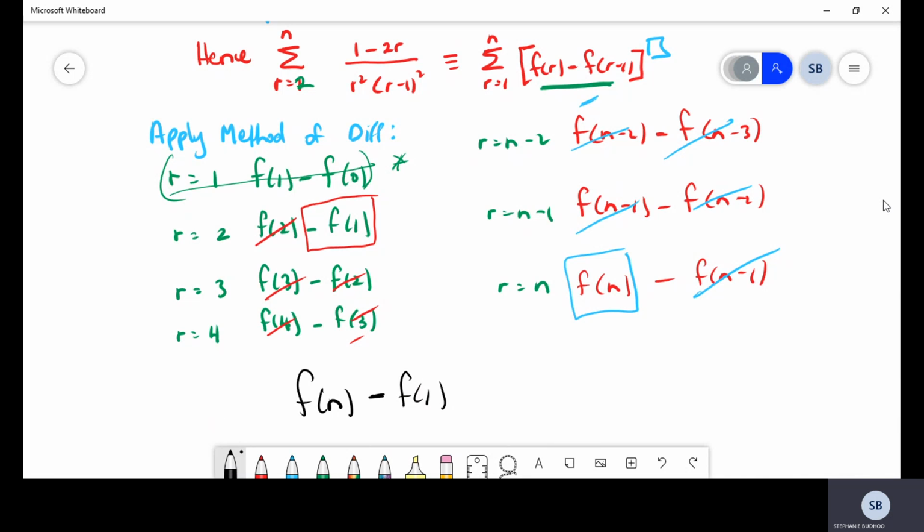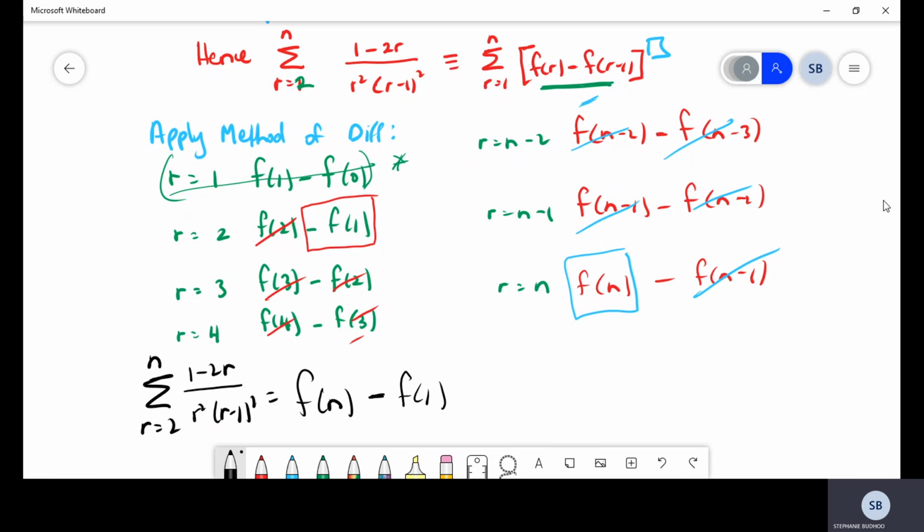So therefore, what we can say is that the sum from r starting from 2 to n of this original function, 1 minus 2r all over r squared by r minus 1 squared, is equal to this. The summation sign disappears because this is actually the sum of all these terms when it was finally expanded, right?